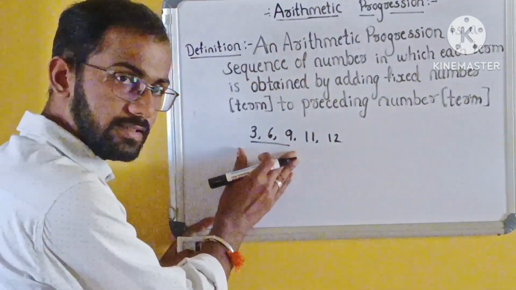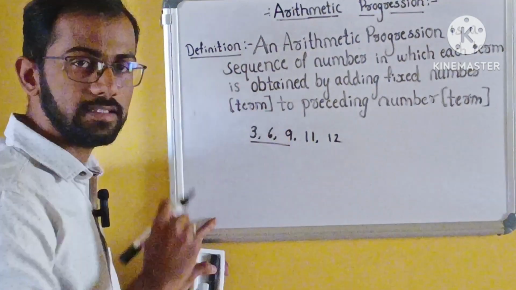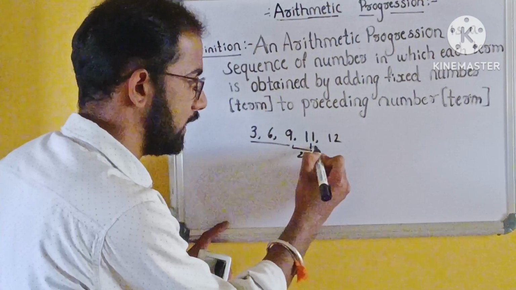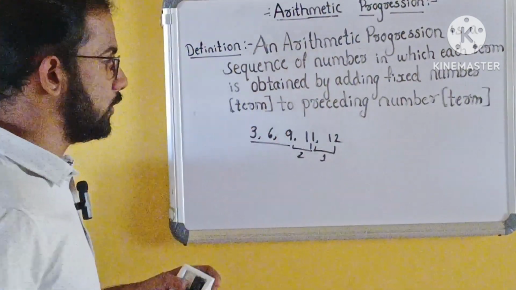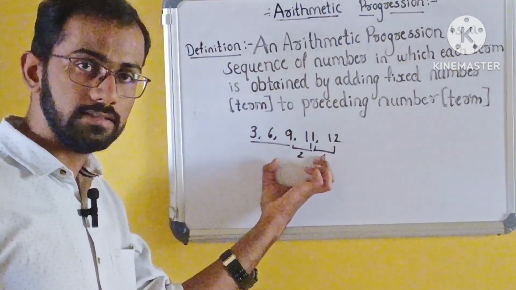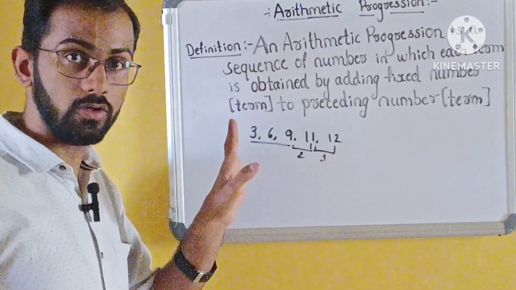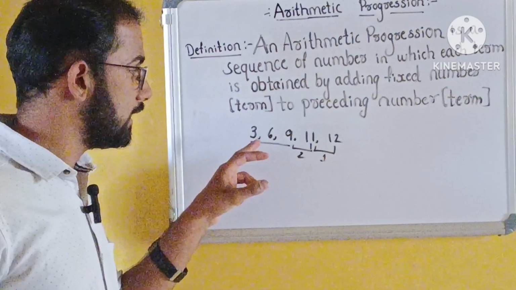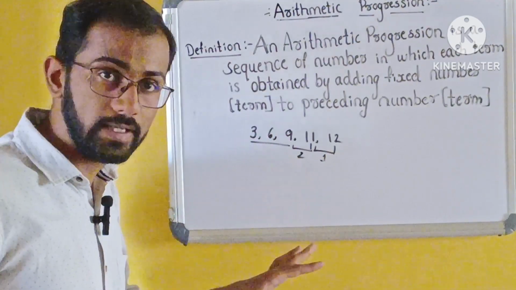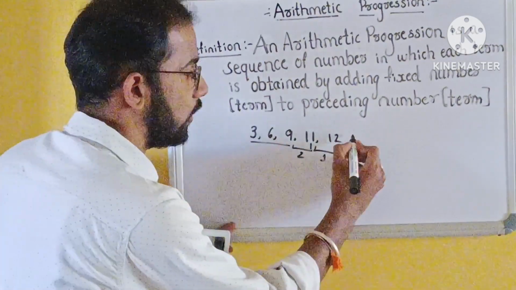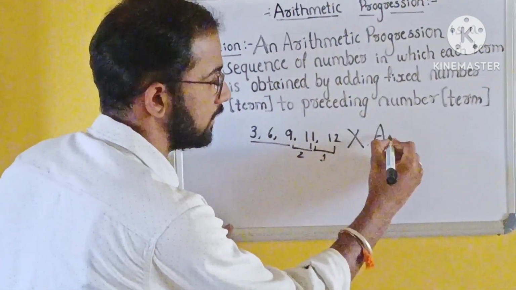These two are the same. So 11 minus 9 is how much? 2. Here it is 2, here it is 1. So in this sequence, the difference between two consecutive numbers is not the same, and we are not getting the sequence by adding a fixed number. Hence it is not an arithmetic progression.